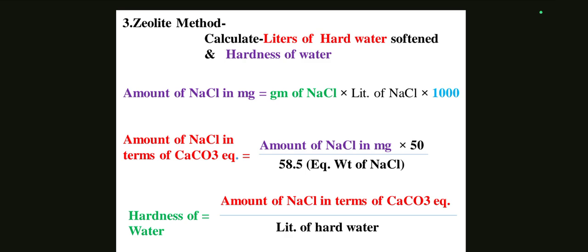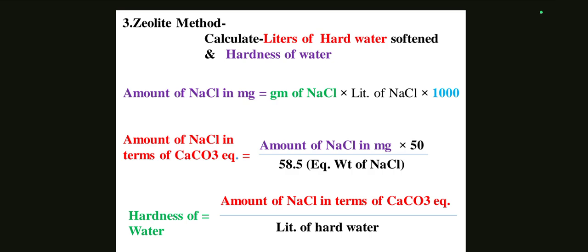So for this second formula, the answer of the first formula you have to multiply by 50 and divide by 58.5. What is the 50? 50 is the equivalent weight of CaCO3 and 58.5 is the equivalent weight of NaCl.